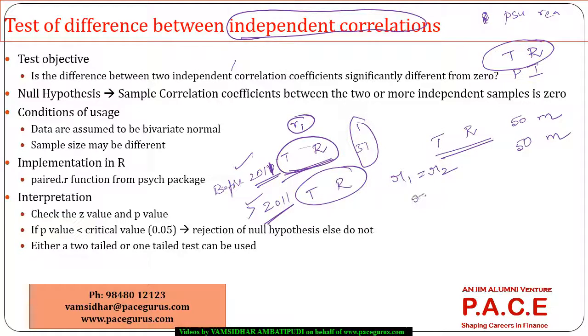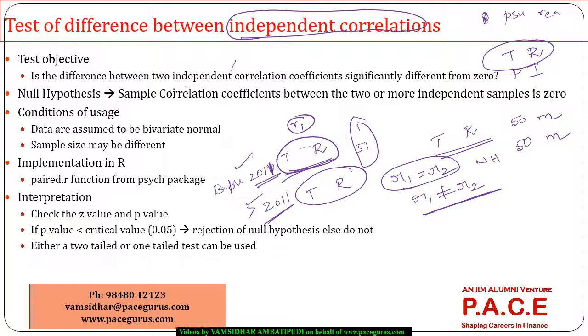This is my null hypothesis, where the difference between these two is almost zero. Or R1 is not equal to R2, the correlation has typically increased or decreased. That's what we are testing here.